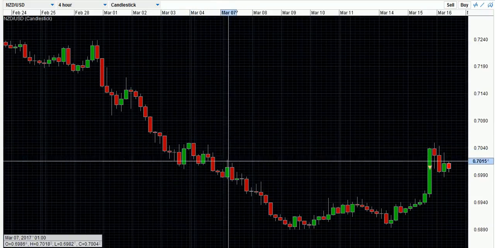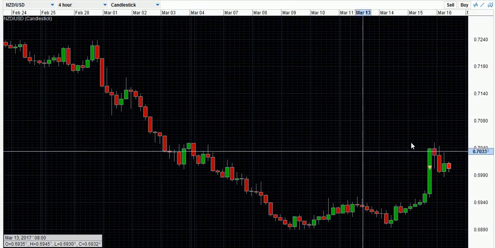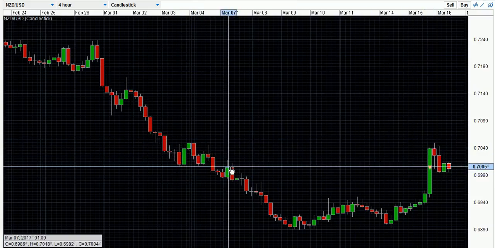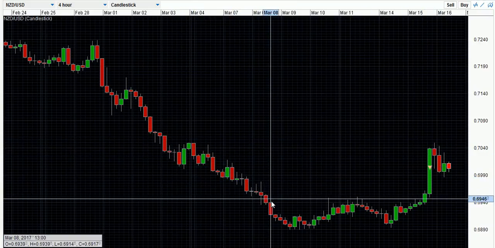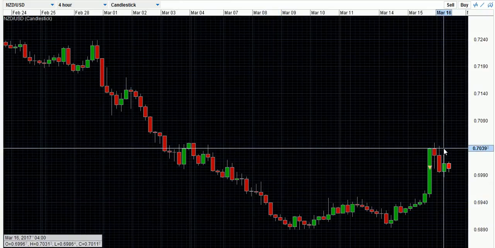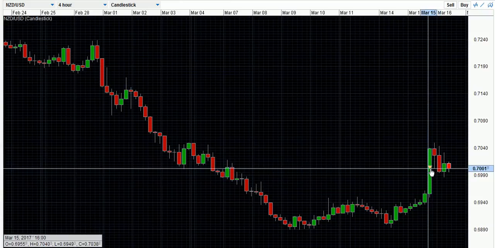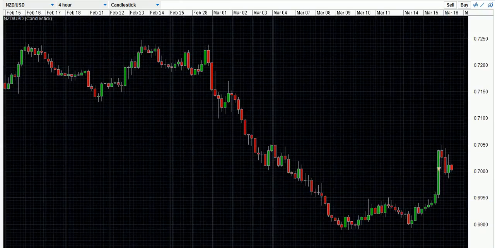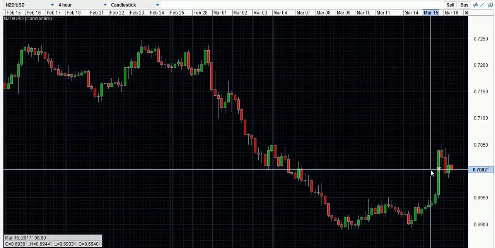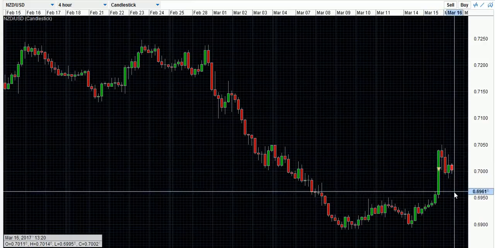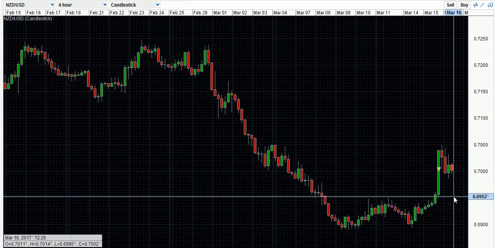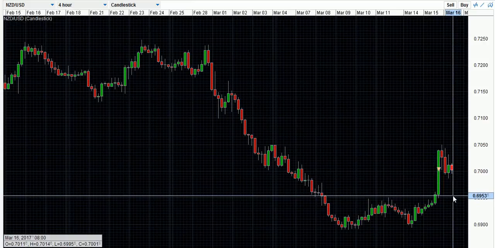I wait for price to return to these consolidation areas and place trades in the direction in which the consolidation area broke. So price came up, I took shorts up here, I've already taken profit on those, and I've also got an active trade there at the moment in time. We're in quite a severe downtrend, so I'm playing the short probably back down to these levels here at 6.952 on the New Zealand dollar US dollar.